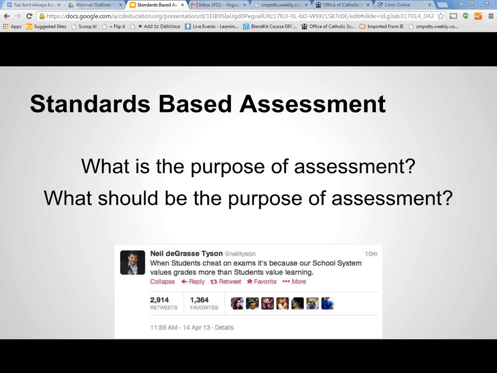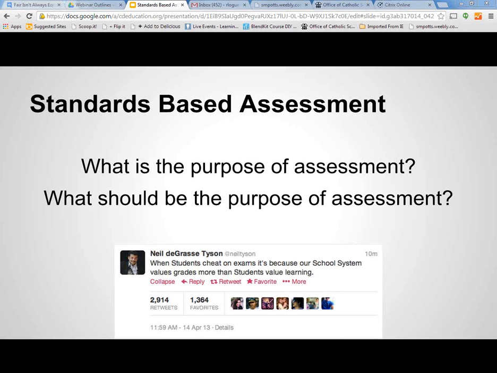Now, don't think for a second that I'm arguing that we should not have many opportunities for feedback for students. I think we need more and more and more feedback. What I'm talking about is a very specific letter grade, and feedback does not always need to be in the form of a grade. So what should be the purpose of assessment?